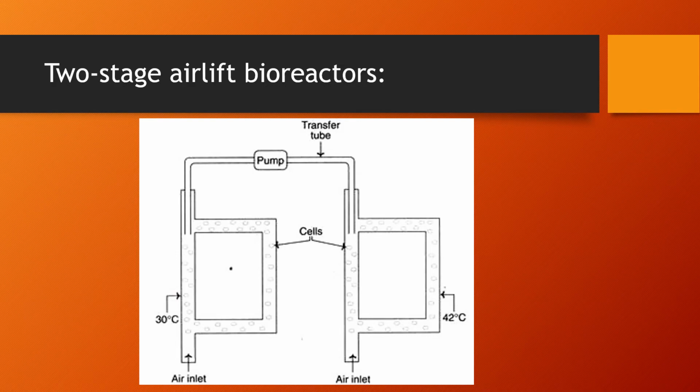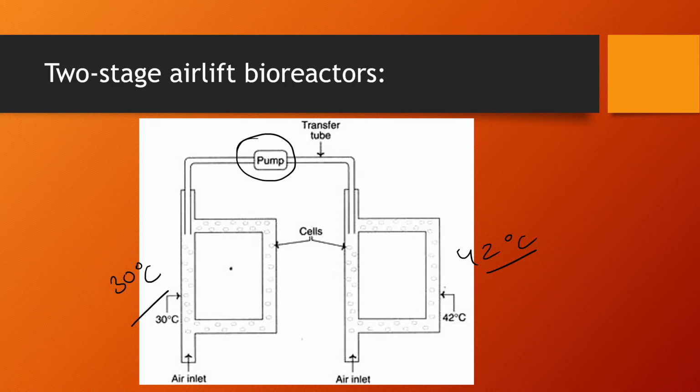So one bioreaction is occurring at 30 degrees Celsius, another is occurring at 42 degrees Celsius. So there will be two bioreactors which are connected through a pump, and there is an air inlet.